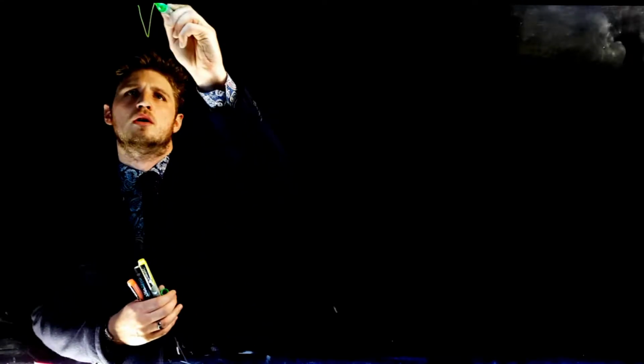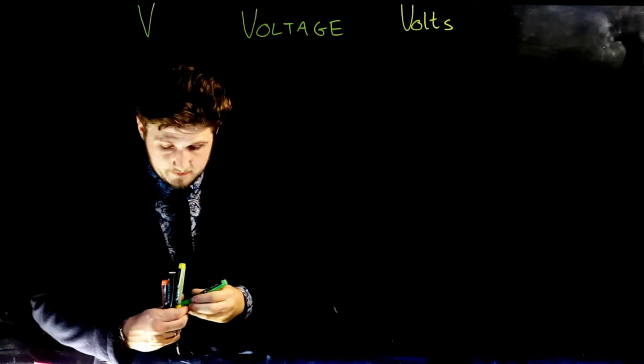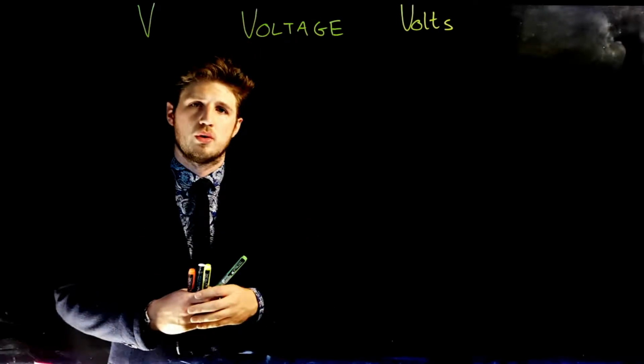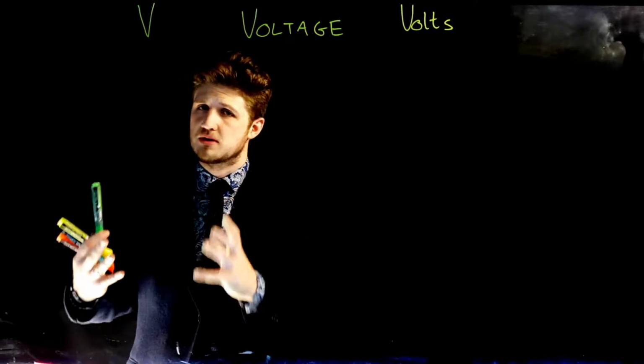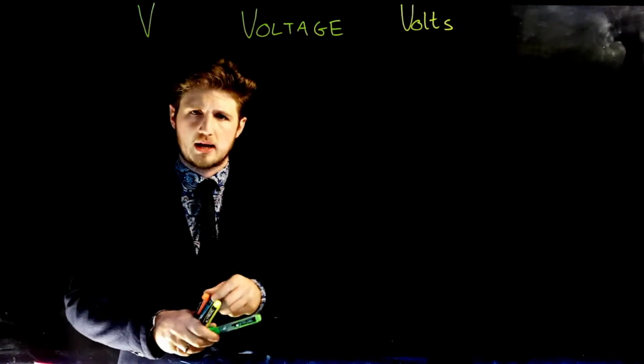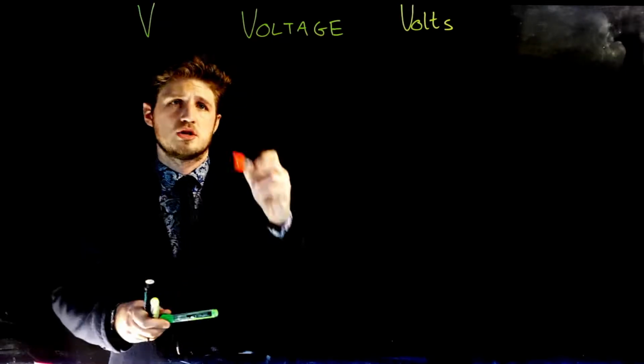The second on our list is voltage. Voltage can be described as the force moving through our circuit, the force moving the substance, the current, through our circuit. So what would that look like in another way?